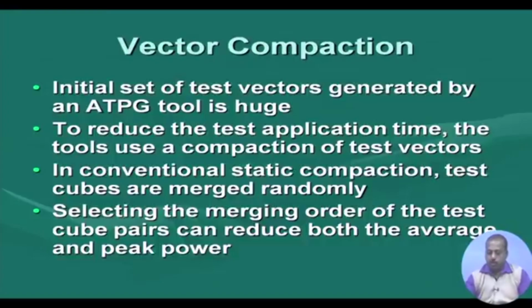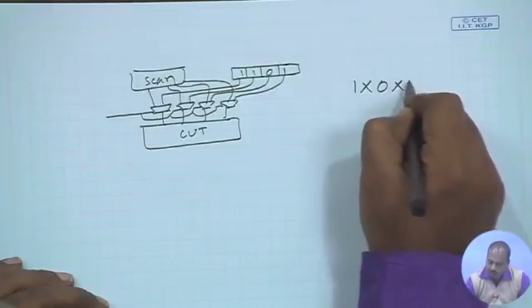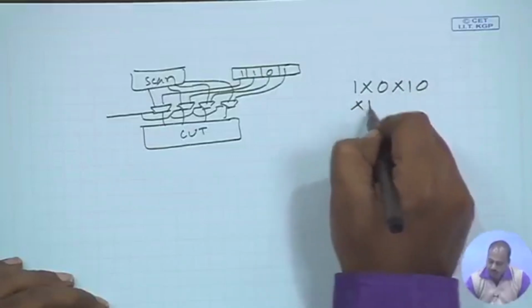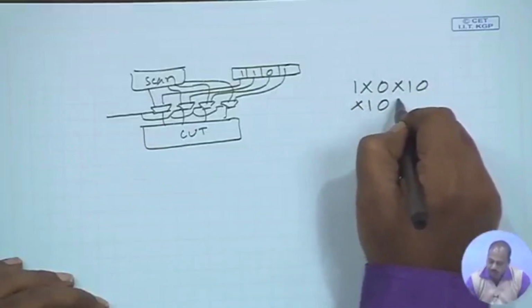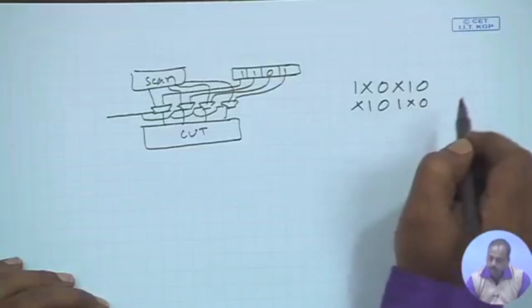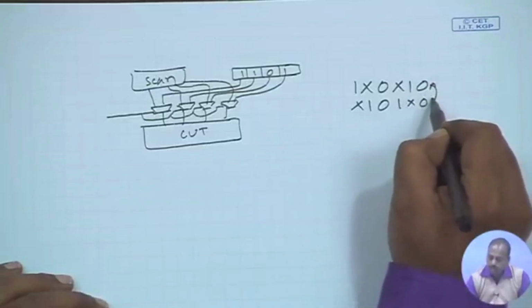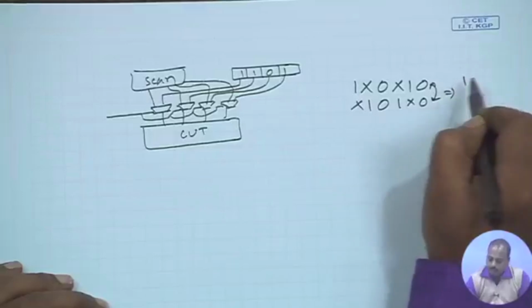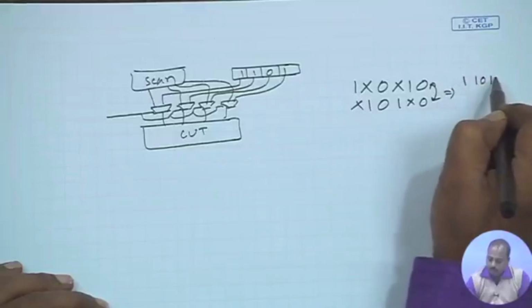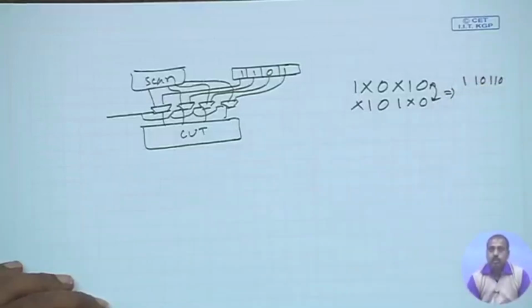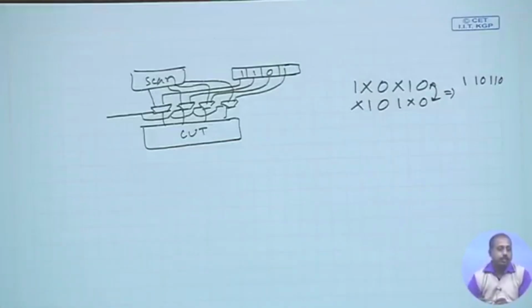If there are two test patterns, one is say 1 x 0 x 1 0, another is x 1 0 1 x 0, then these two can be merged into a pattern like 1 1 0 1 1 0, so that it takes care of both the patterns. That is actually the compaction, vector compaction.